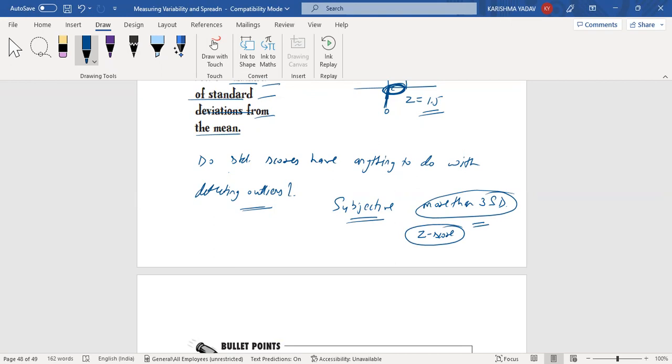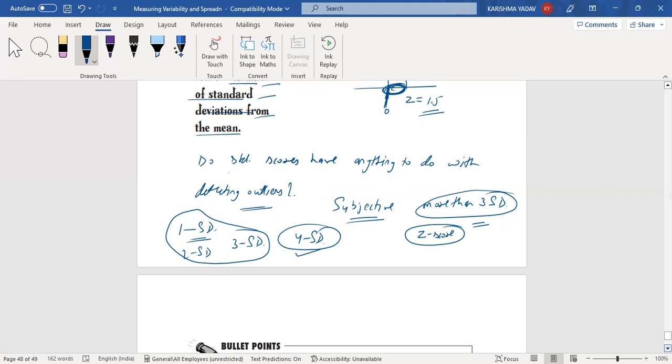But statisticians have different opinions about this. So my data can lie within one, two, or three standard deviations, but it can't lie beyond four standard deviations, because in that case my data will contain outliers, and that is a very high z score.